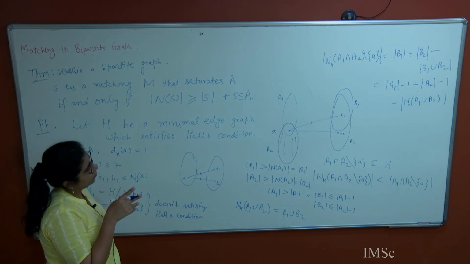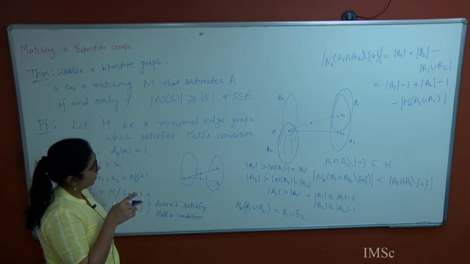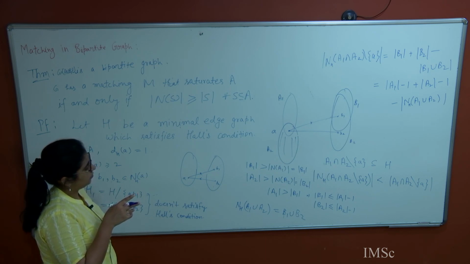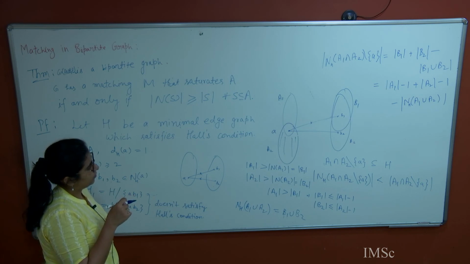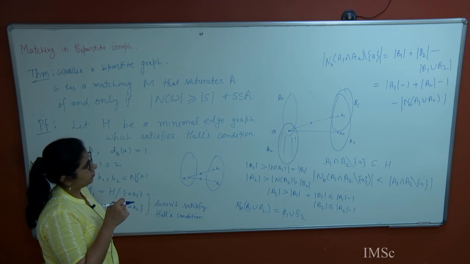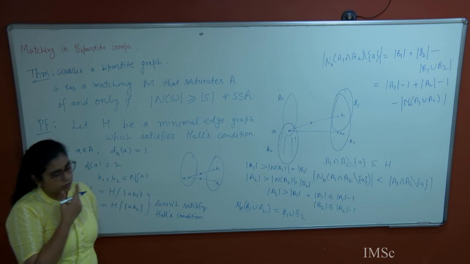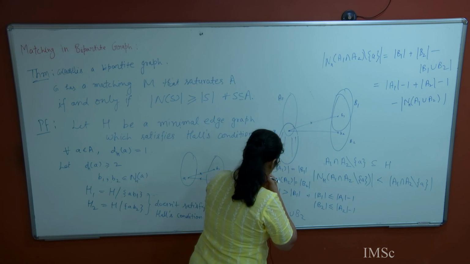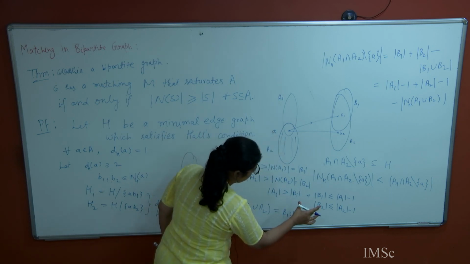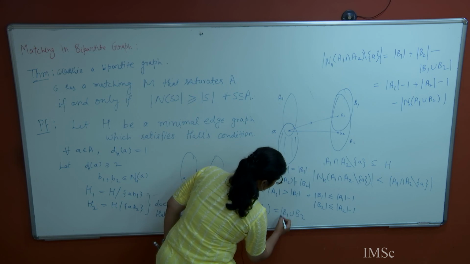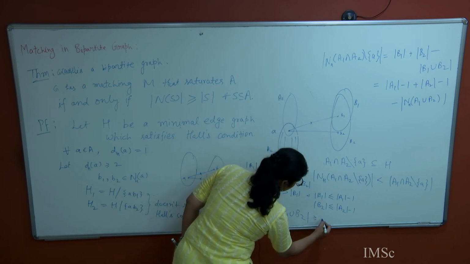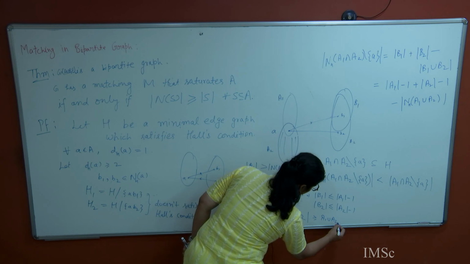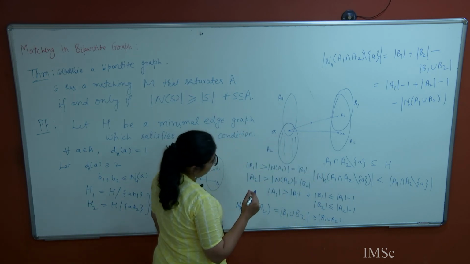So this A1 union A2 is satisfying Hall's condition, since H satisfies it everywhere. So B1 union B2 should be at least the cardinality of A1 union A2.